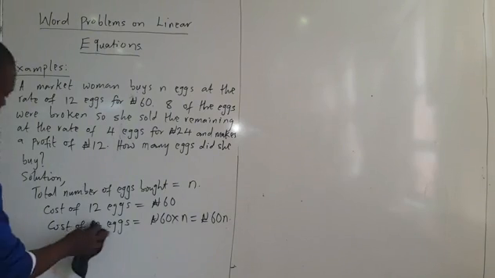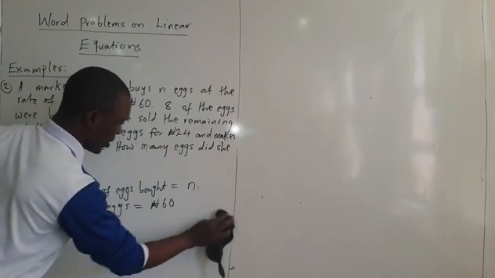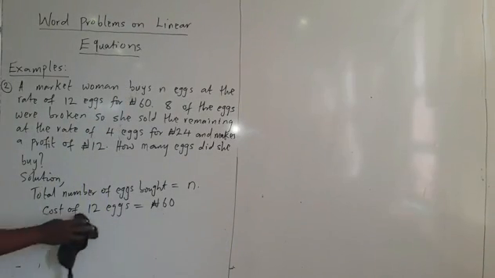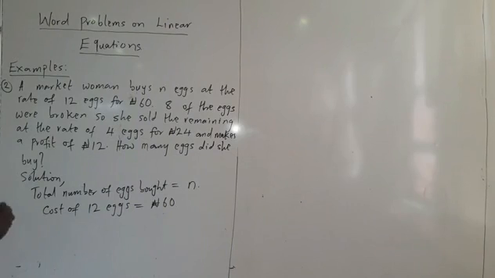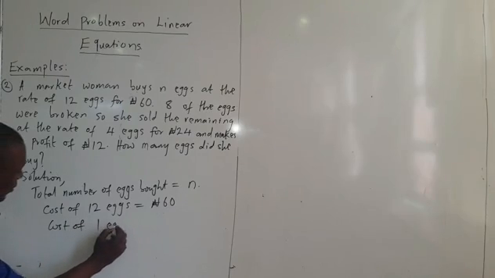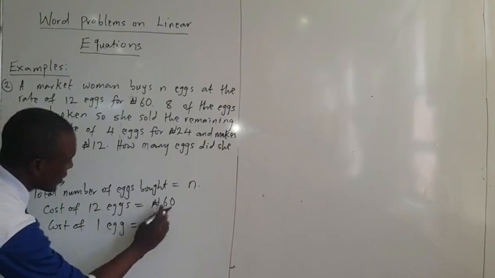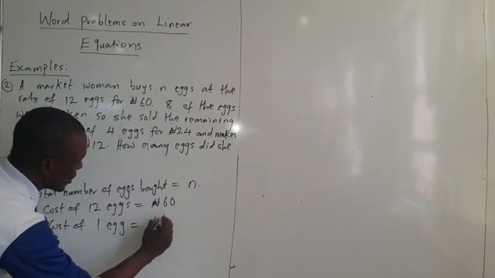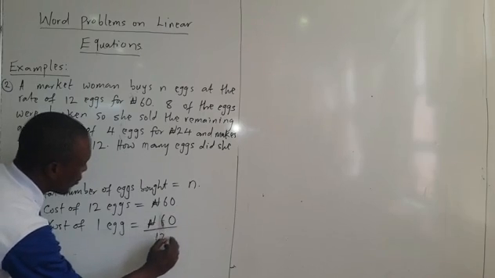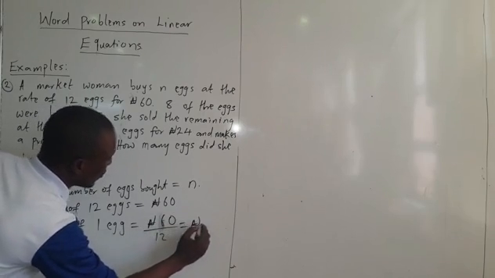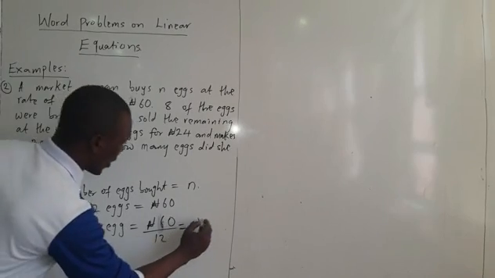Let me find the cost of 1 egg first. The cost of 1 egg will be 60 divided by 12. So 60 over 12 is 5 naira.